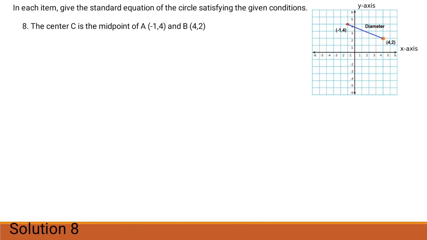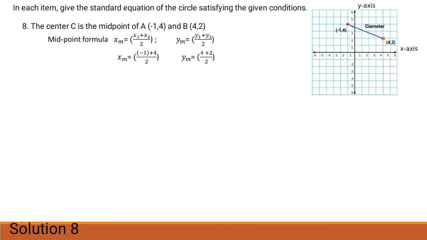For problem number 8, the center C is the midpoint of A (-1, 4) and B (4, 2). In this type of problem, first, you have to graph the points (-1, 4) and (4, 2). Then we need to get the midpoint of the line segment. x_m = (x_1 + x_2)/2 and y_m = (y_1 + y_2)/2.